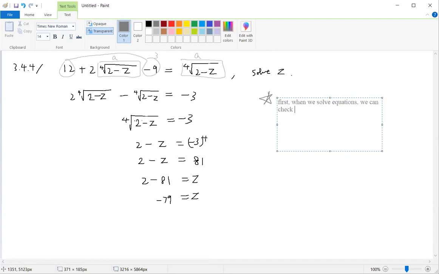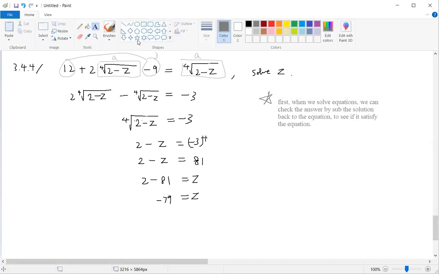We can check the answer by substituting the solution back into the equation. Is it clear here? So I will check this first because my intuition says something is not quite right, because it's a negative. What is going on here? Okay, so let's see.